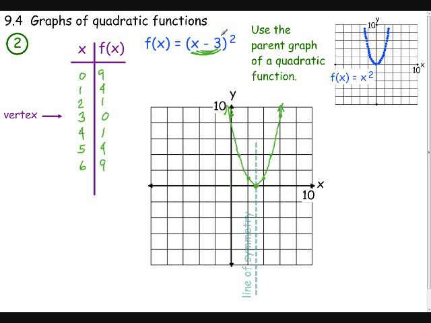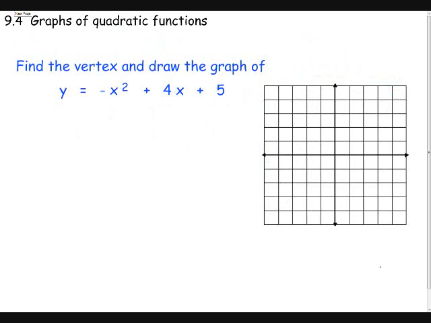Isn't that interesting? It's exactly 3 up here. Whatever this number is, x minus h, we're going to call it. H is how far over you are going to move horizontally. We're going to talk a lot more about this in the future.